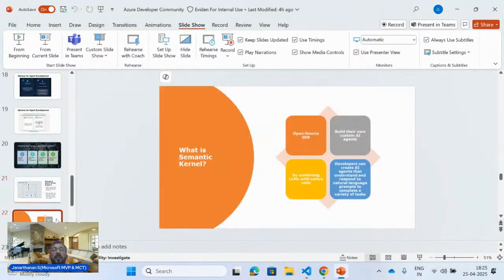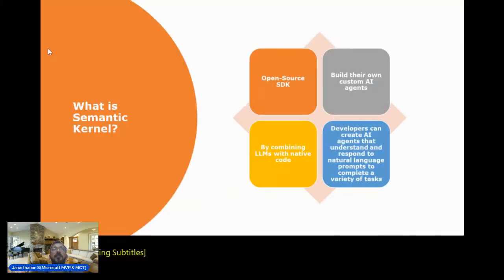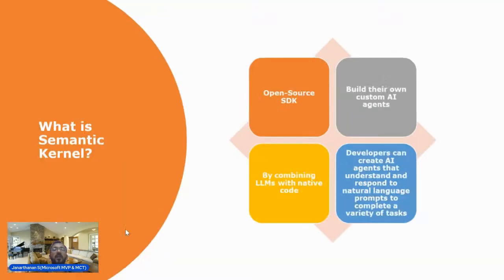Now, as we discussed, the first one is the no-code agent. Now we'll discuss the code-based agent. In order to create a code-based agent, we will be using Semantic Kernel, because Semantic Kernel is an open source SDK where you can create and build your own agents using your natural language prompt.